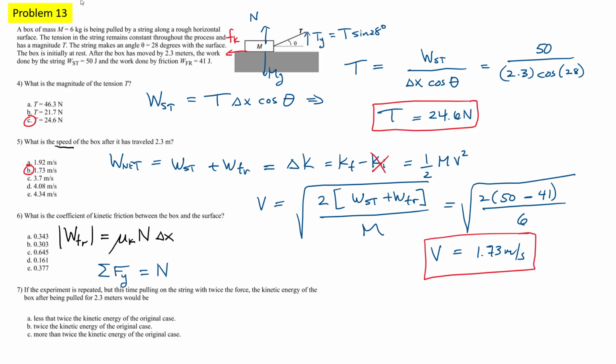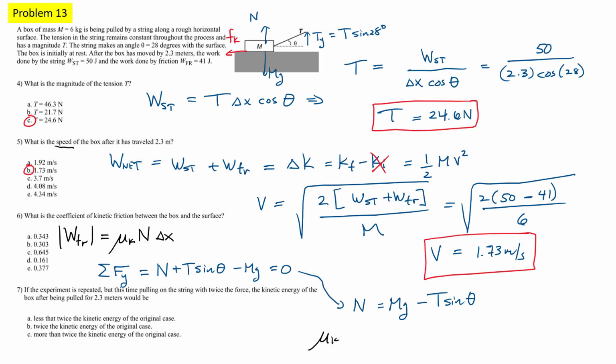So N plus T sine of that angle theta, minus the weight, equals 0. I'm going to give myself a bit more space. So my normal force is equal to the weight, mg, but you can't forget about this, minus T sine of that angle theta. Now you substitute that normal force into my work expression, and this will allow us to solve for that coefficient of kinetic friction.